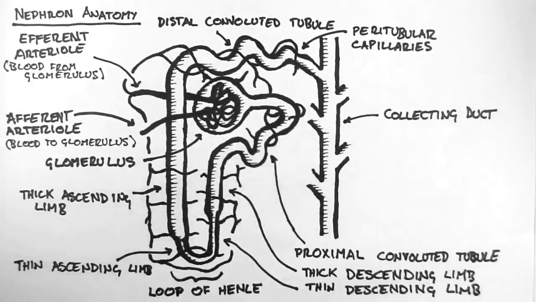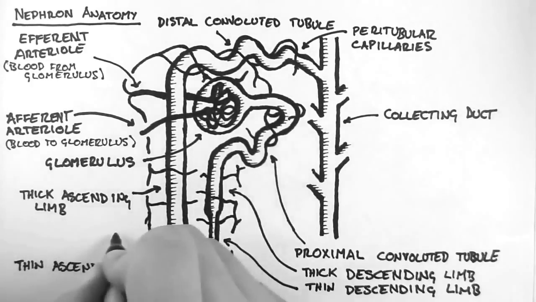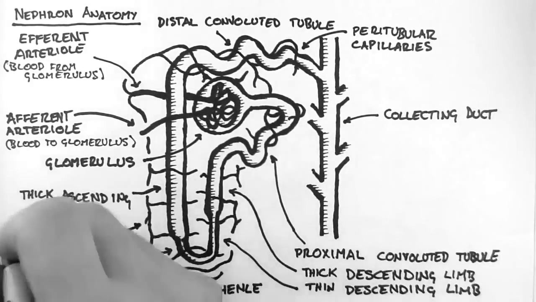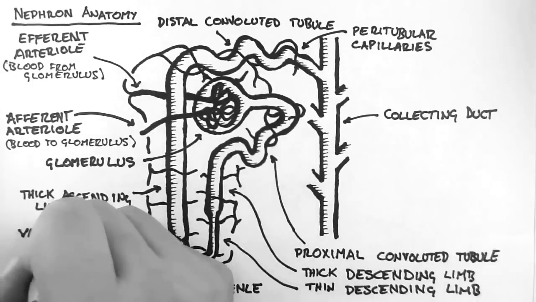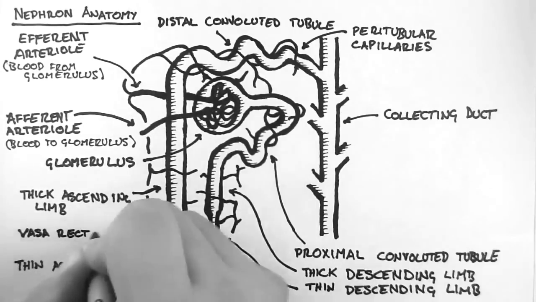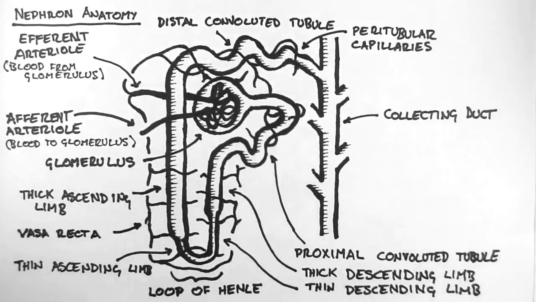The other is the vasa recti, which supply blood to the loop of Henle. These two sets of capillaries will provide water and solutes to be secreted into the filtrate and blood to carry away water and solutes reabsorbed from the kidney.